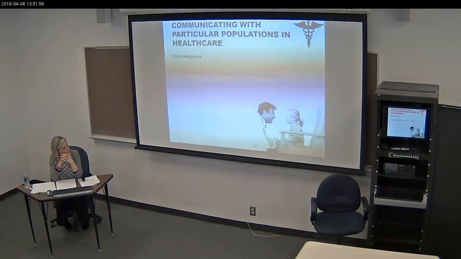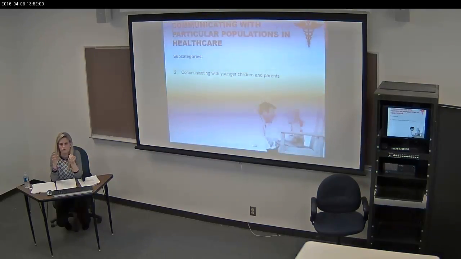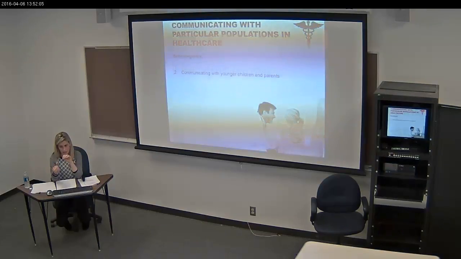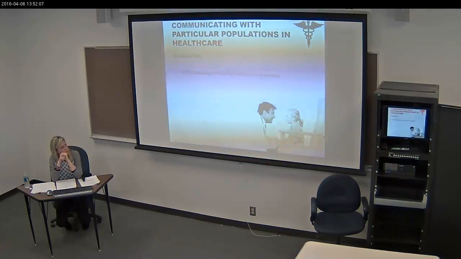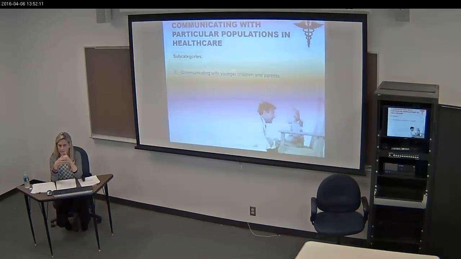Obviously, the dynamic between younger children and parents is hard because it's hard to explain medical jargon to an adult, let alone a child. And oftentimes, the parents and the children are on two different levels with the illness.